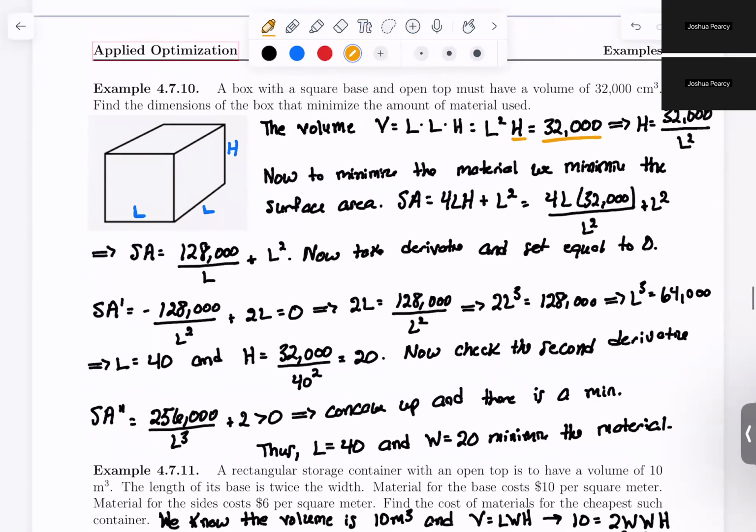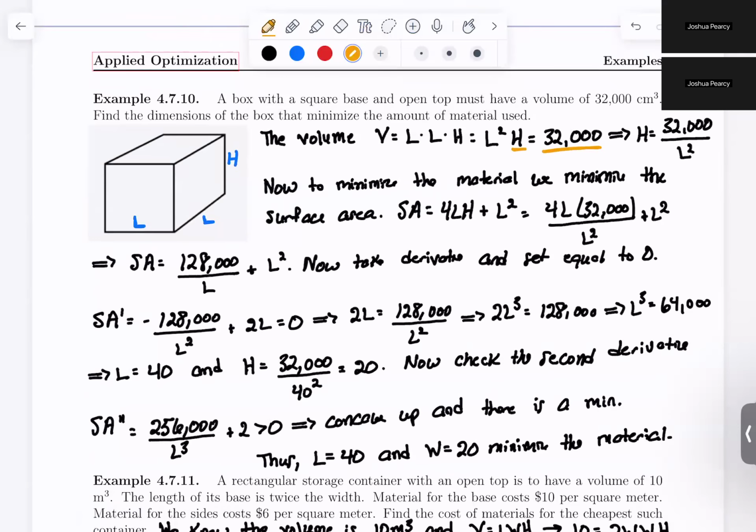Now, to minimize the material we use, we minimize the surface area. So I found the total surface area. There are 4 of these sides, each with L times H: one here, and then 2 on the opposite sides.